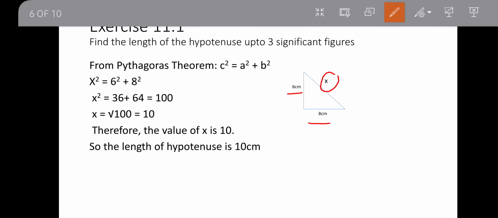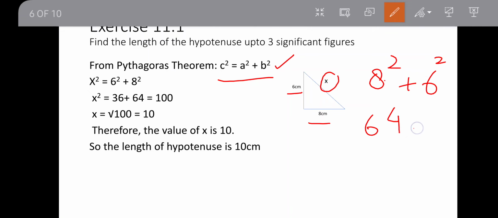Same, x square is equal to 6 square plus 8 square from Pythagoras theorem. Replacing the values, 6 square plus 8 square, or we can write them as 8 square plus 6 square. The result will be the same. 8 square is 64, 6 square is 36. We will get 100, which is equal to x square.